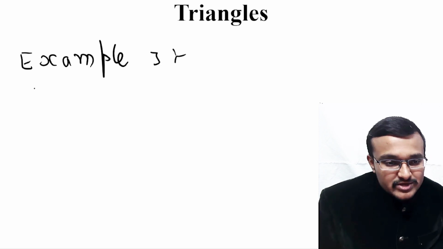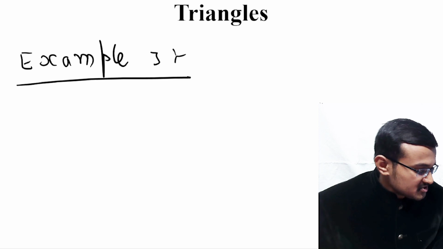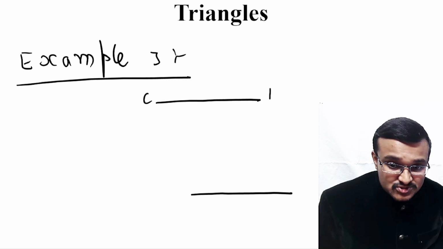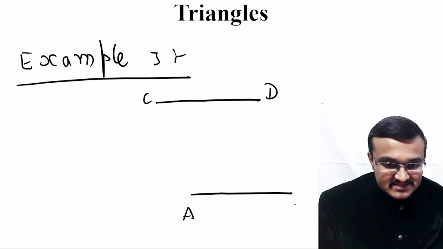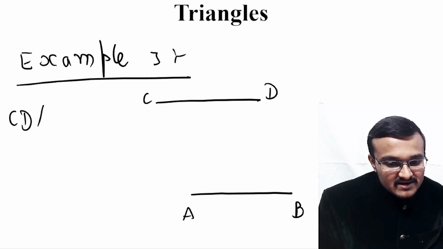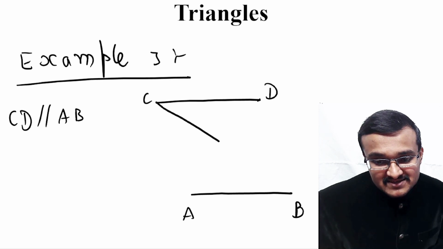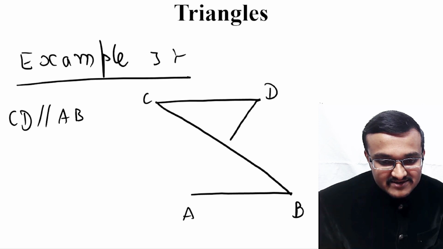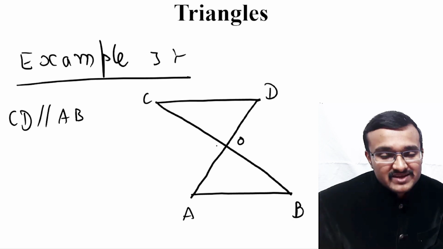So before going into exercise 7.1, we will solve example 3. In example 3, there are two straight lines. One is CD and the other straight line is AB. Here CD is parallel to AB, and C is connected with B and D is connected with A. Here one data they have given, that is O is the midpoint of AD.